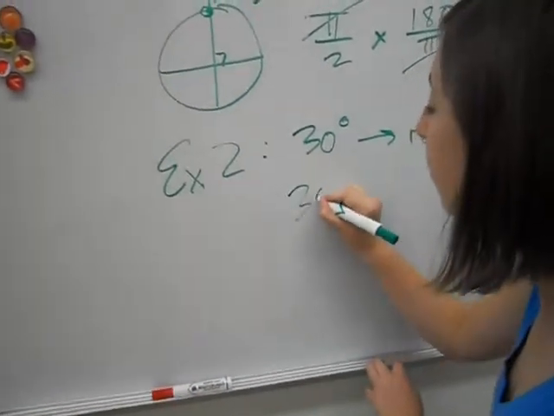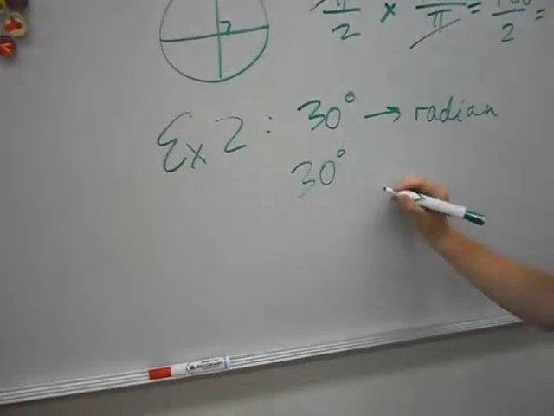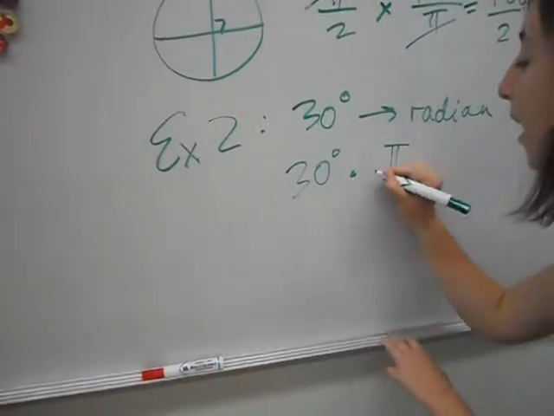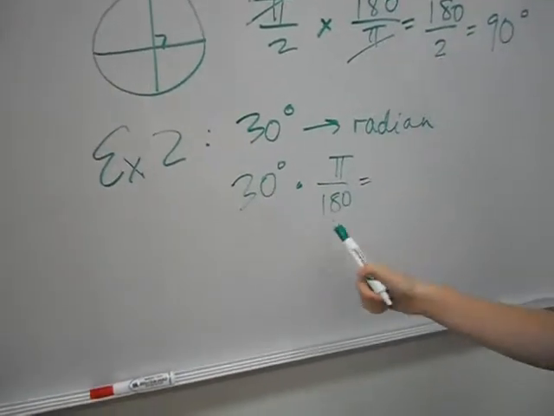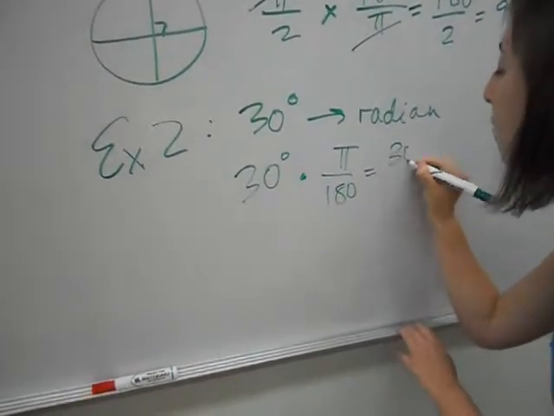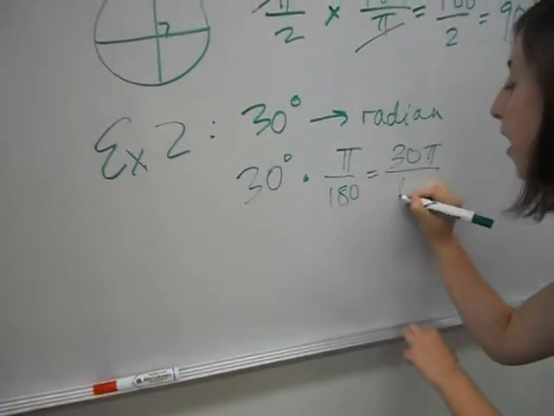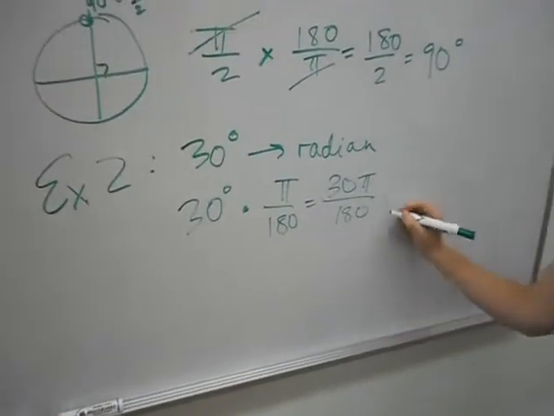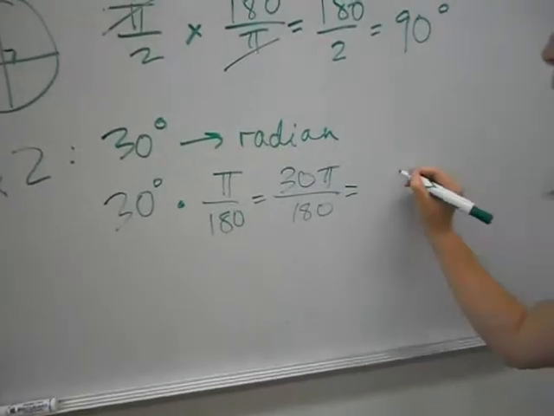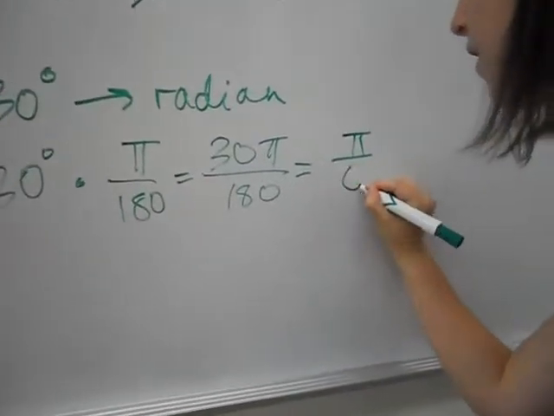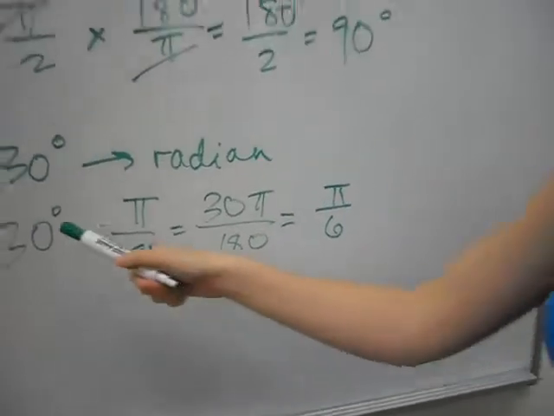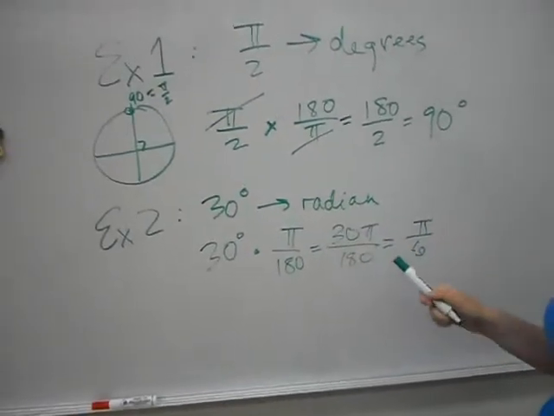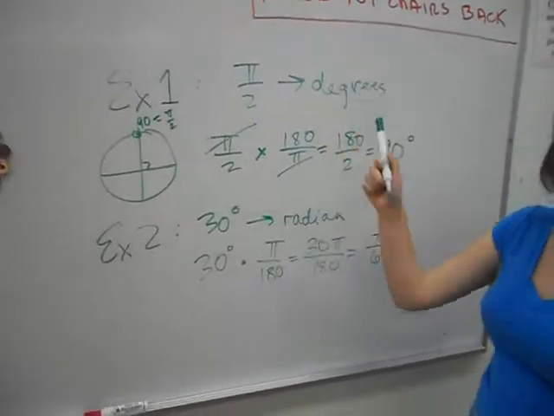So, we take our degrees, our 30 degrees, and multiply it times pi over 180. Now, the pi's don't cancel out, but we end up with the fraction 30 pi over 180. And this eventually leads to pi over 6. And that's how we go from degrees to radians, and radians to degrees.